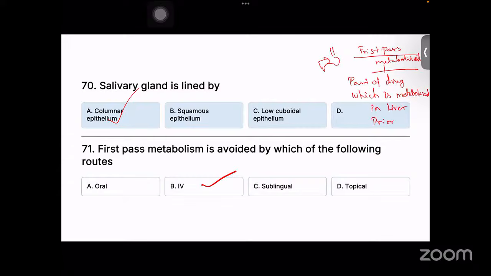In this question, there was no IV option. In place of IV, there was the intramuscular route. IM or subcutaneous will also go. So the routes which avoid first pass metabolism were buccal, rectal, inhalation, IM, subcutaneous, and sublingual.